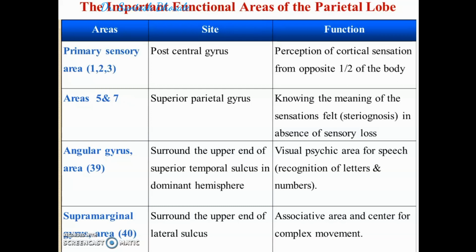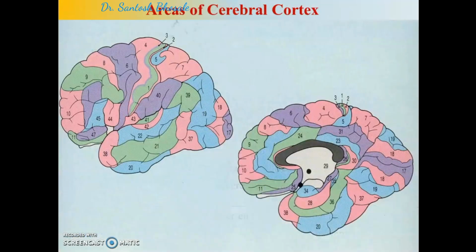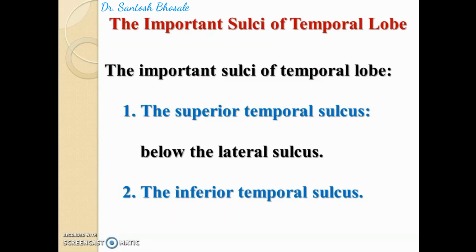So these are the parts. Remember, in the parietal lobe, the two sulci, postcentral sulci and intraparietal sulci, and different areas. The angular gyrus is just above the upturned end of the superior temporal sulcus, whereas supramarginal just lies above the posterior rim of lateral sulcus.